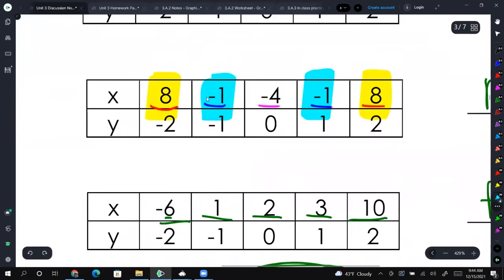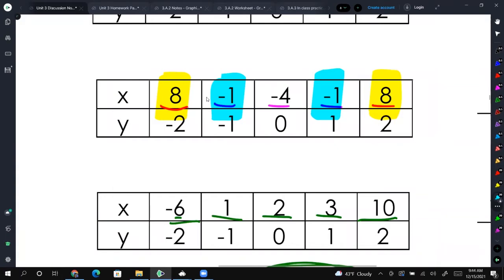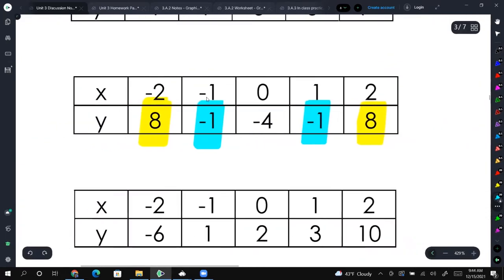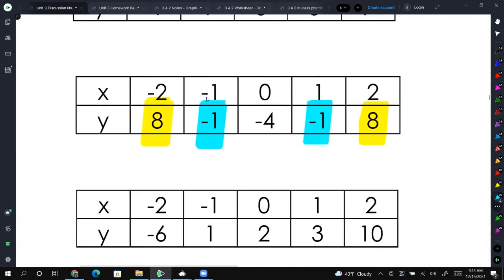So you wouldn't need to do this step of switching x and y and looking for repeated x values. You could look at the original function and say, oh, we have repeated y values. That means the inverse is not a function. This table right here still represents a function, but the inverse will not be.